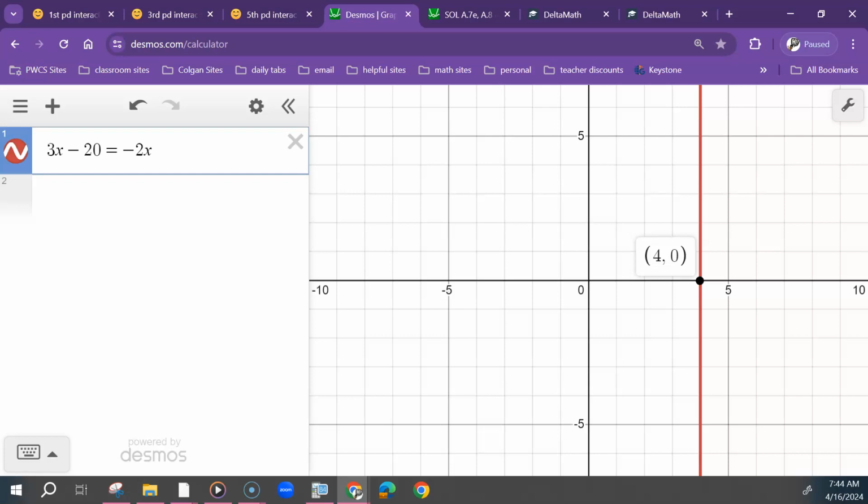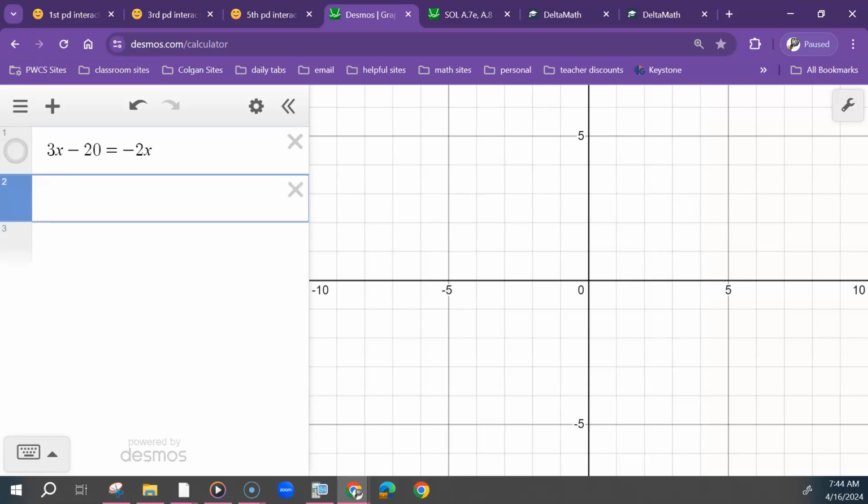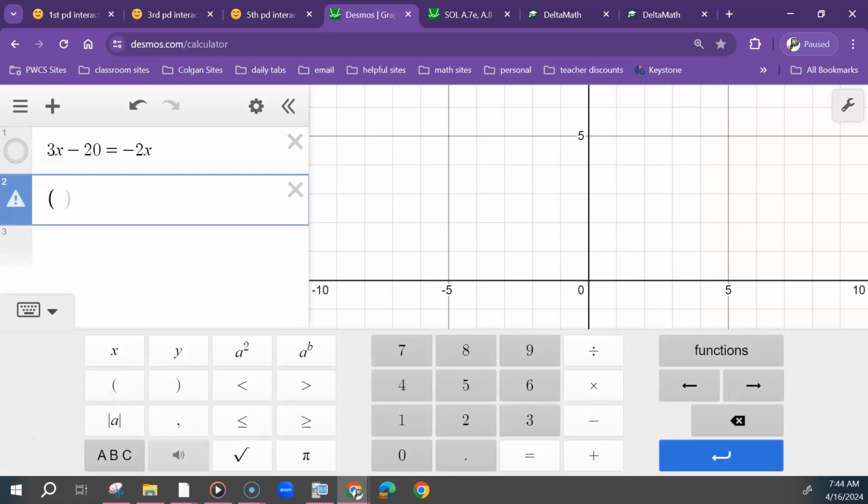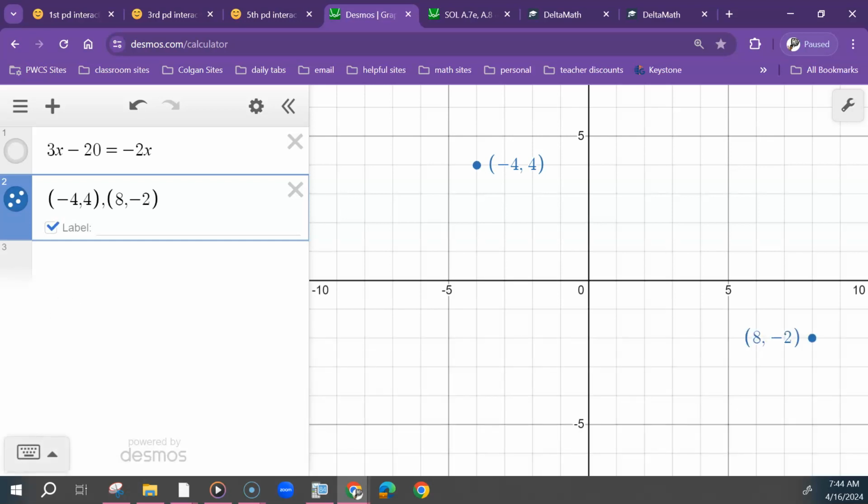Number 3, if I put in the ordered pairs and I counted this slope, so down 6 to the right 12, that would give me a negative 1/2.